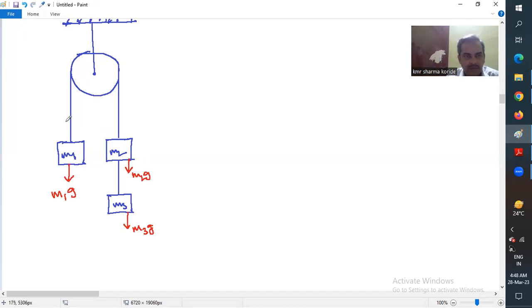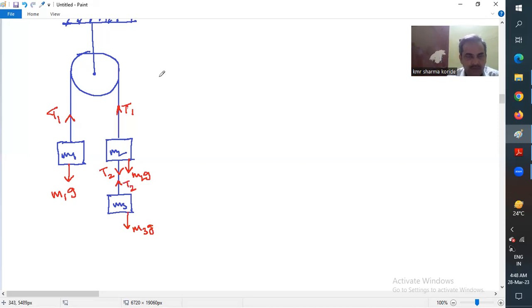This is going to be T1. This is also going to be T1. Now there is one more string here. In case of body M2, T2 favors its motion, whereas in case of the body of mass M3, T2 opposes.